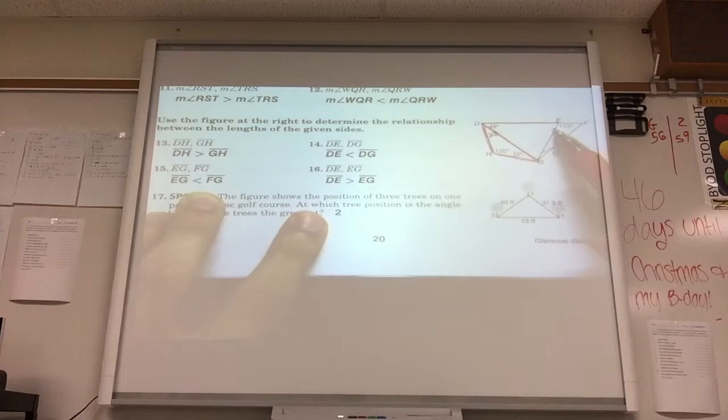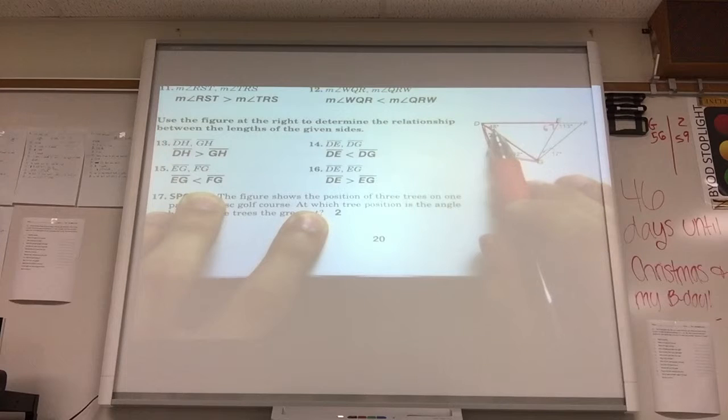So 180 minus 113 is what? Should be, I think, like 67. So that's 67. And if that's 67, then 67 plus 48, that's 115. So this is 65. So that's 65. Are we following?